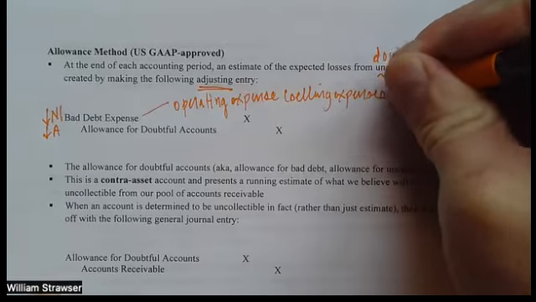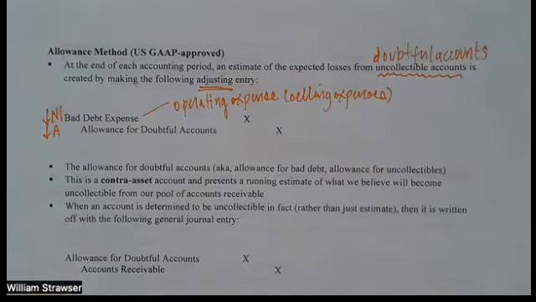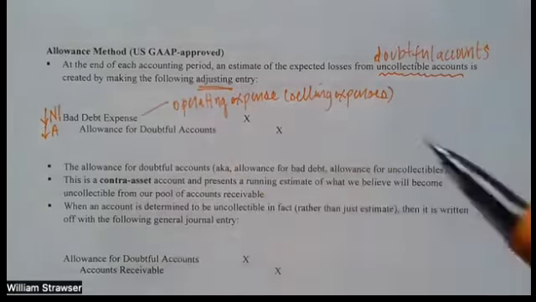I open my sales to people being able to pay me in the future, and because I do that, I will most likely expand my sales. However, there are certain expenses that come along with opening ourselves to credit sales. One of those potential expenses is that my customers will not be able to pay me. They will default. They will become bad debt expense.